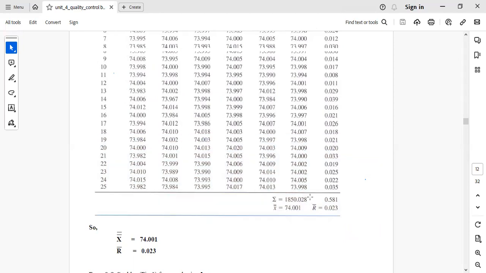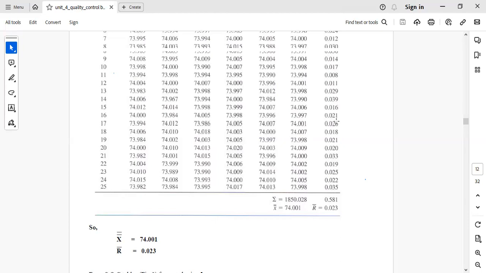You sum them, there are 25 of them in this case. The sum of all the means is 1850.028, then divided by the number they are, that is 25. So you get the mean of the means to be 74.001.